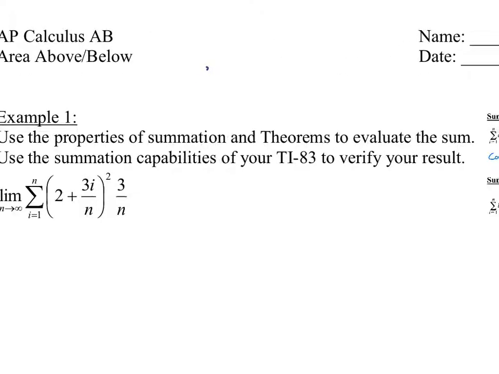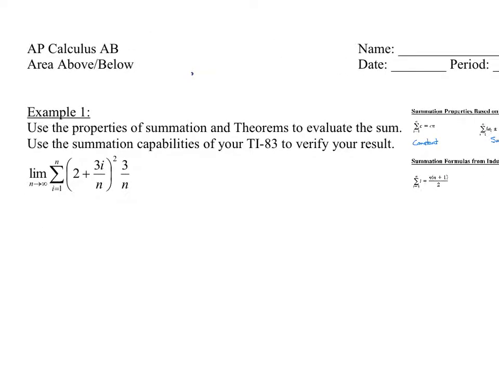All right, so here we're going to build on what we've done before and find this sum. Now, there's one extra thing on this sum that wasn't on the examples we did in the previous lesson: the limit as n approaches infinity.